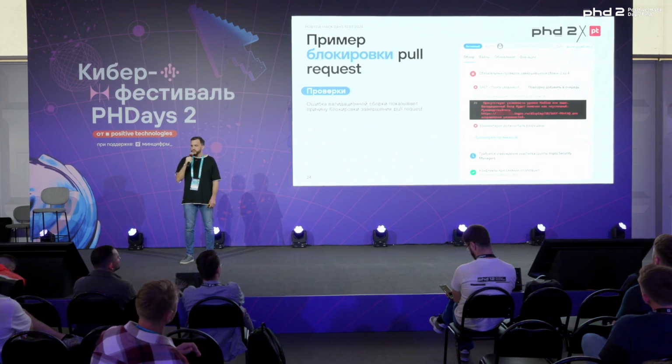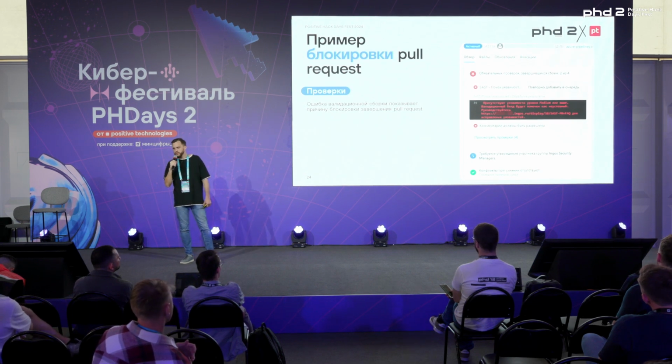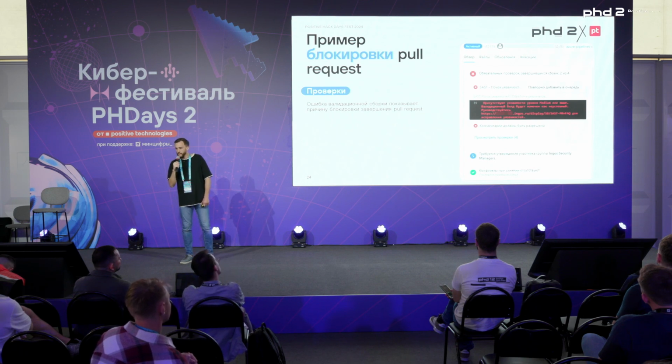On this screenshot, you can see an example of blocking a pull request when the validation build is not successful because we have discovered a medium vulnerability, and the pull request will not be able to complete.